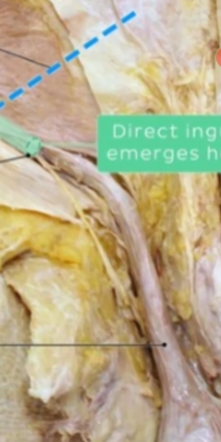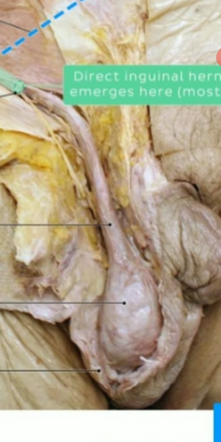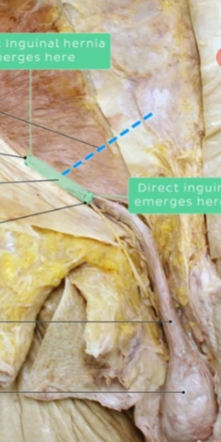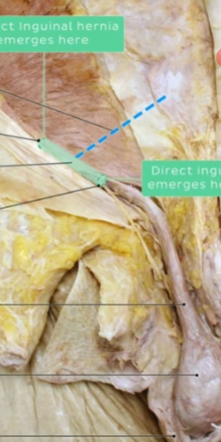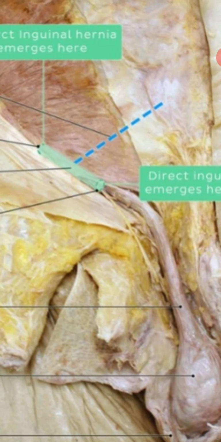This is the spermatic cord, and look at that, from the spermatic cord, testis is suspended. And with the spermatic cord you can see a yellowish structure. This is the ilioinguinal nerve.